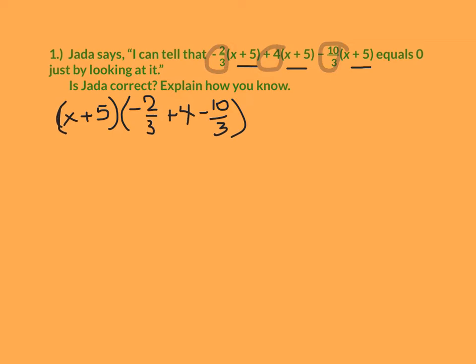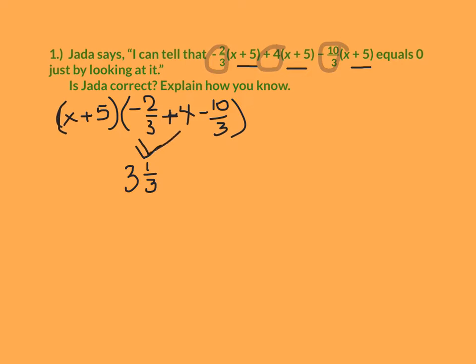So negative 2/3 plus 4, that means of course we're finding the difference. Signs are different, find the difference. It's like saying we have 4 cups of something and we take away 2/3 cups. So I would be left with 3 and 1/3.